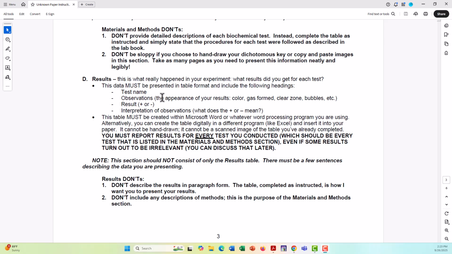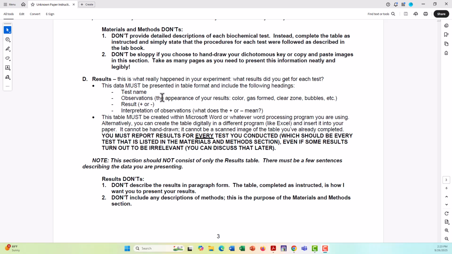That's your interpretation. If the broth stayed red, that's a negative test result. Your microbe did not ferment the lactose in the tube. Okay, so you're going to be doing that for every test that you conducted.